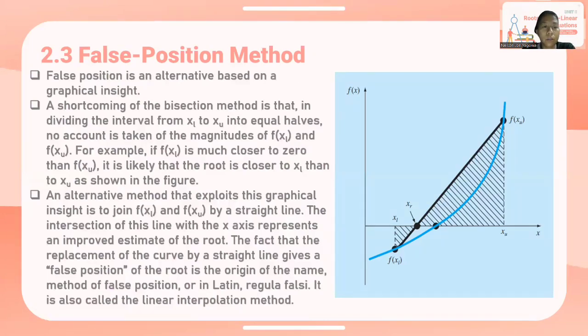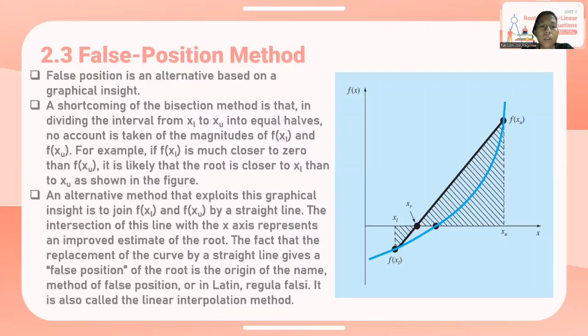The third method is the false position method. False position is an alternative based on a graphical insight. A shortcoming of the bisection method is that in dividing the interval from xl to xu into equal halves, no account is taken of the magnitudes of f(xl) and f(xu).